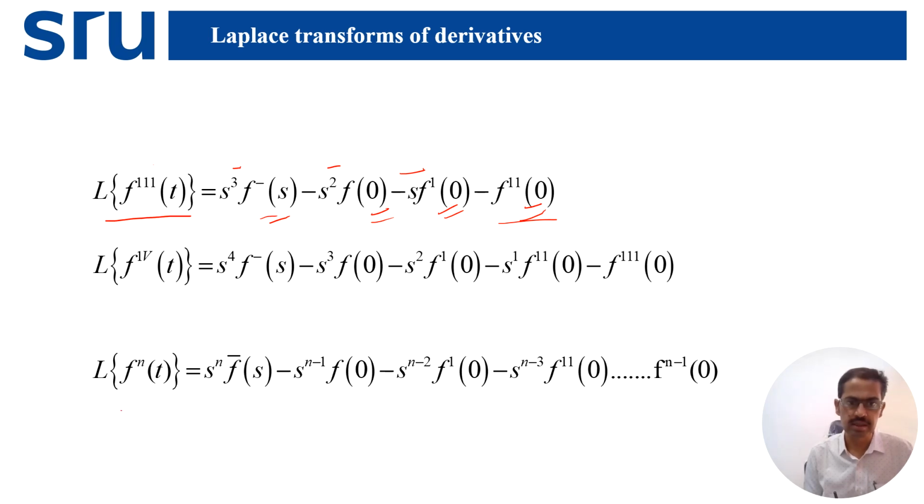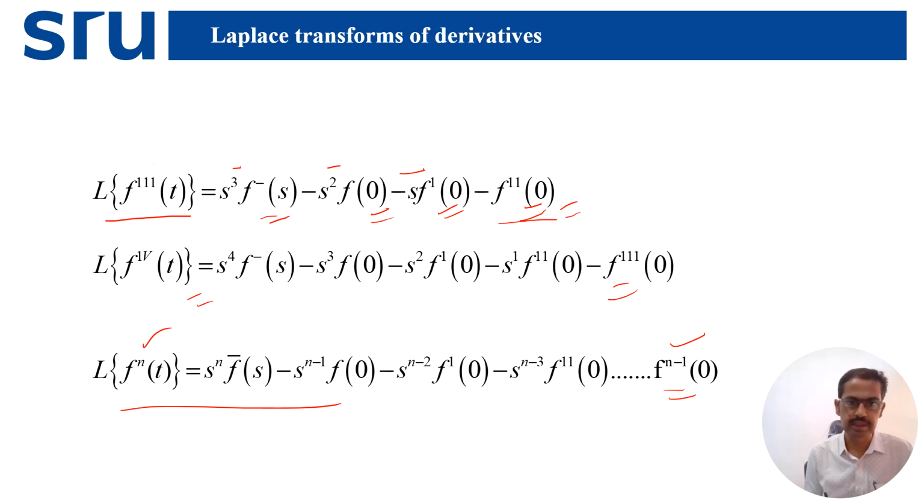Similarly, we can write the nth derivative also. The Laplace transform of the nth order derivative f power n of t is equal to s power n f bar of s minus s power n minus 1 f of 0 minus s power n minus 2 f dash of 0 minus s power n minus 3 f double dash of 0 and so on, up to n minus 1. Just see, the nth derivative ends with the n minus 1 derivative. The fourth derivative ends with the triple derivative, the third derivative ends with the second derivative.